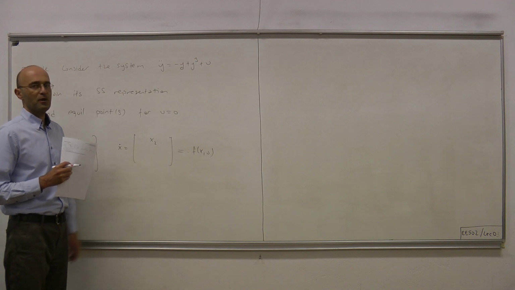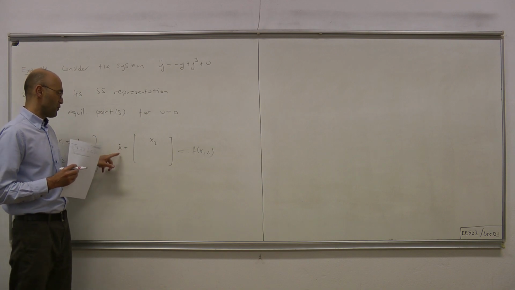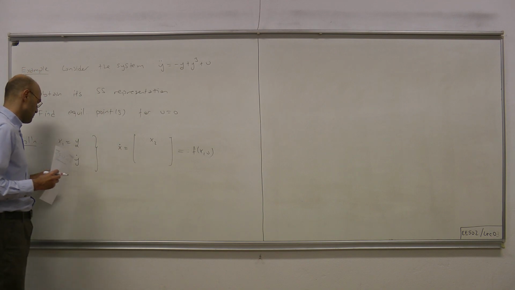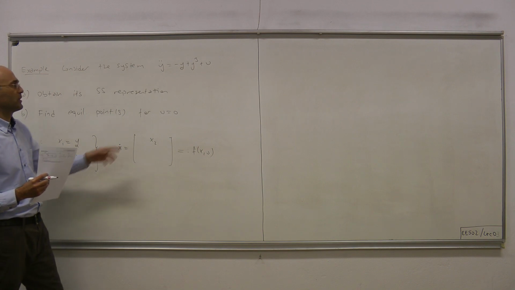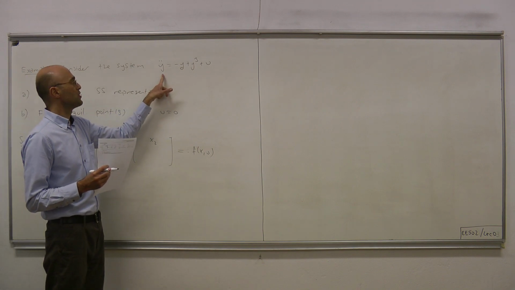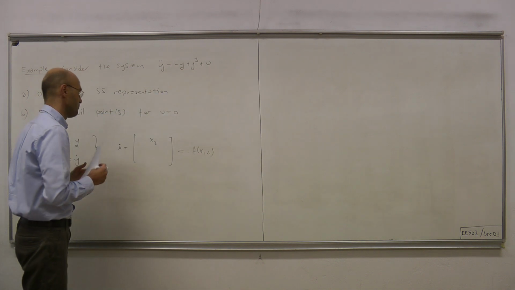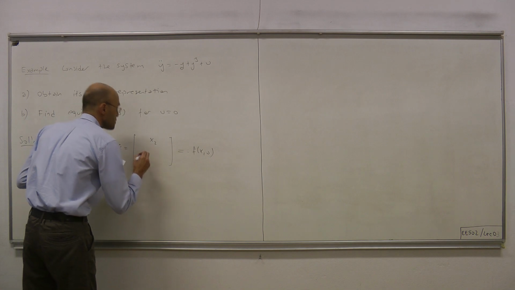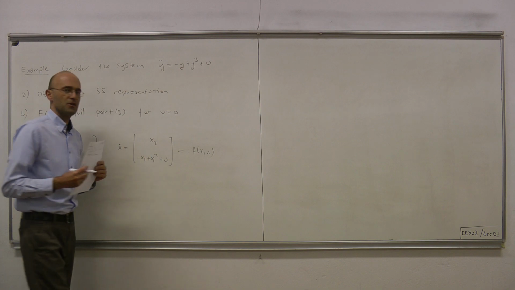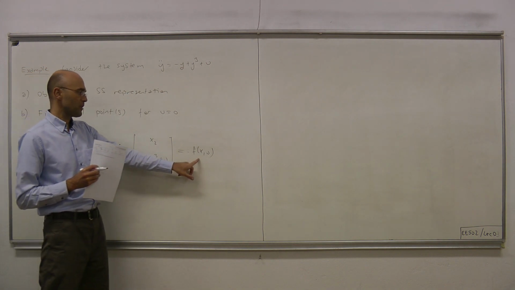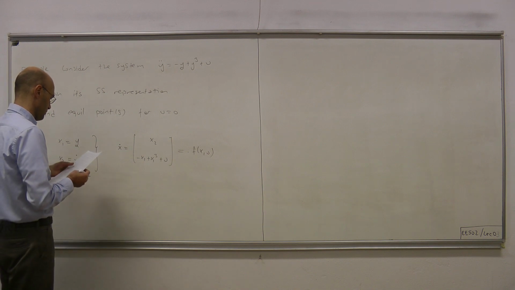For the second entry, which we call f2, we look at the time derivative of the second state variable, x2. x2 dot is y double dot, and y double dot is minus x1 plus x1 cubed plus u. So this is our right-hand side for this state space representation.